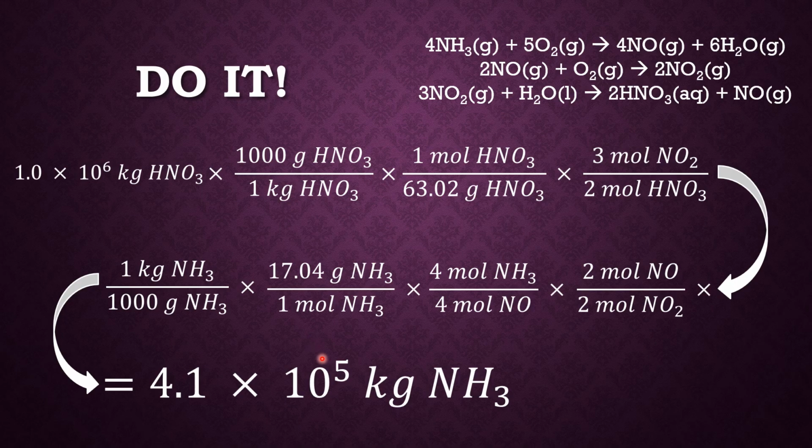There we go. There's the final answer, kids. It takes 4.1 times 10 to the 5th kilograms of ammonia you need to feed into this process. It goes through these 3 reactions and produces 1.0 times 10 to the 6th kilograms of hydrogen nitrate.